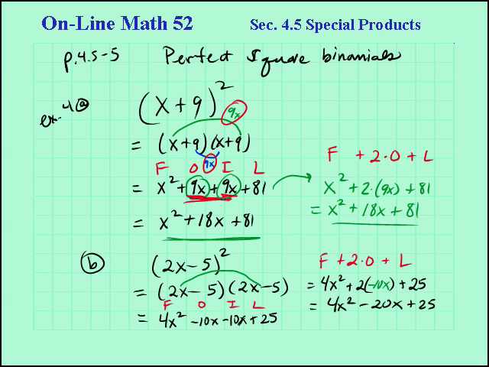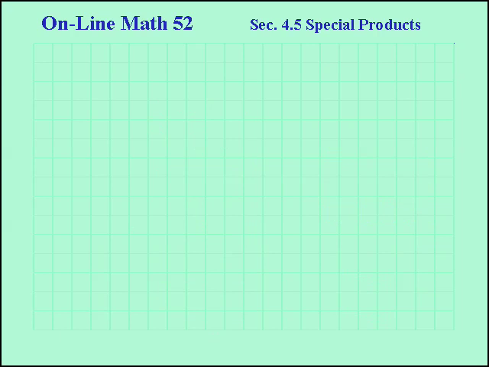I'm going to start fresh with a new one here. I'll still use the x plus 9 squared, and I'll just go ahead and start writing x plus 9 squared. What I wanted to show you was this: method 1, method 2, and method 3. Going to do the same problem 3 times. Hope it doesn't bore you.